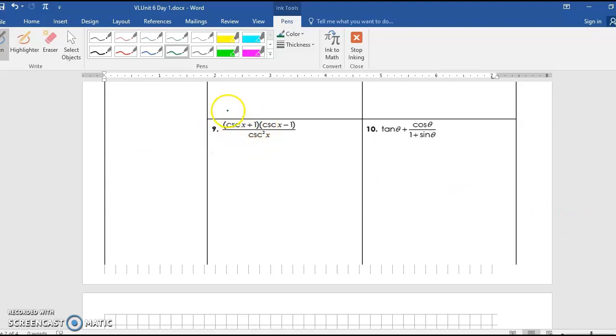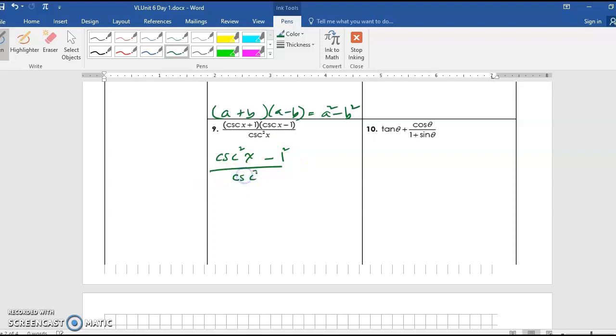Sorry, so here, this is a plus b times a minus b, that kind of situation, right? And what is a plus b times a minus b? It's a squared minus b squared, okay? So now this could be written as, because of that formula, cosecant squared x minus 1, because 1 squared is 1, isn't it?